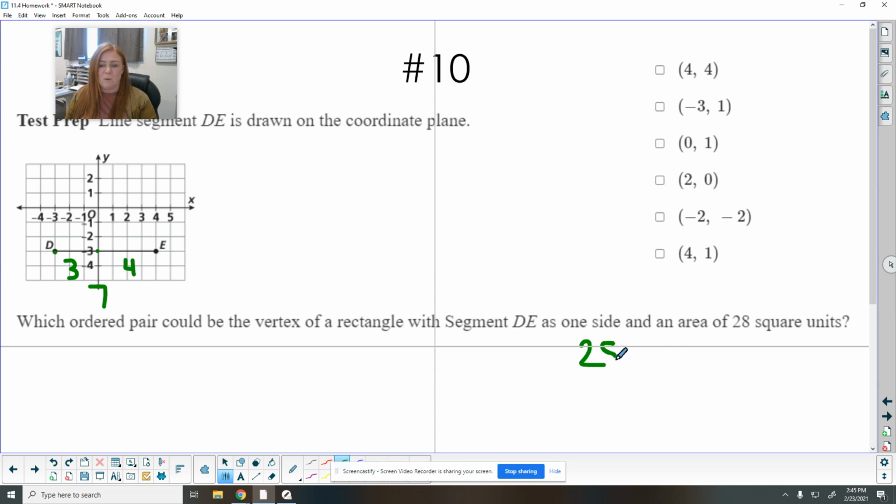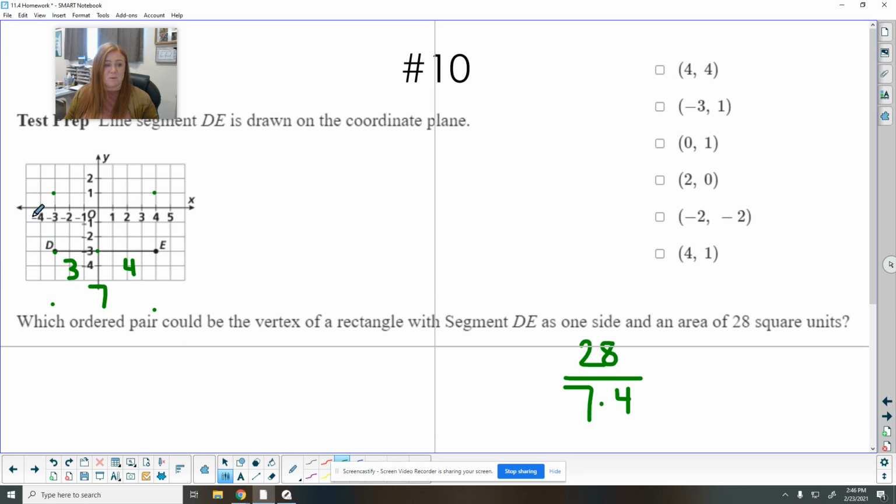And we know we have to multiply something by 7 to equal 28. 7 times what? Because we can't change this side. 7 times 4 is 28. So we are looking for anything that is up 1, 2, 3, 4 units. Here's 3 and 1 more. We could also go down 1, 2, 3, 4.